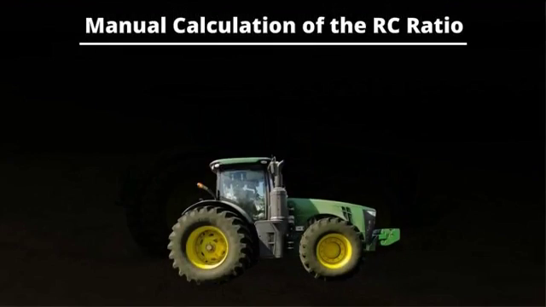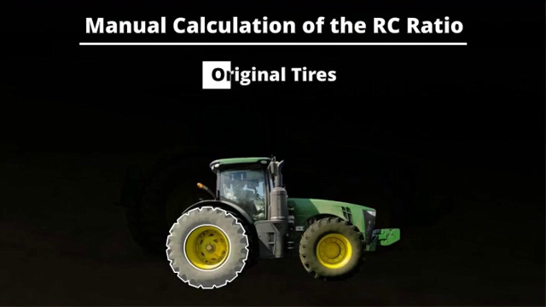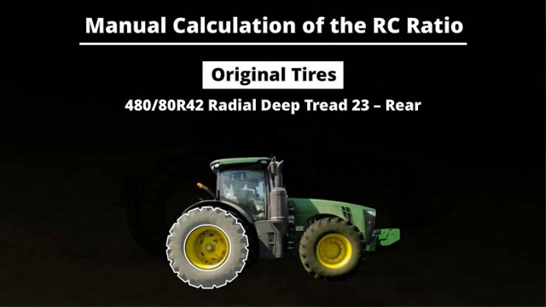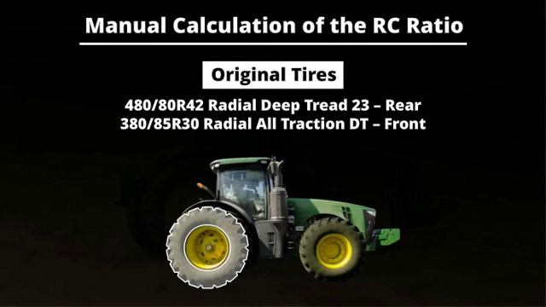For example, you would like to change to a taller rear tire on this tractor. This may be for more clearance, better traction, or greater load capacity. The tractor currently has 480 80R42 Firestone Radial Deep Tread 23 tires on the rear and 380 85R30 Firestone Radial All Traction DT tires on the front.